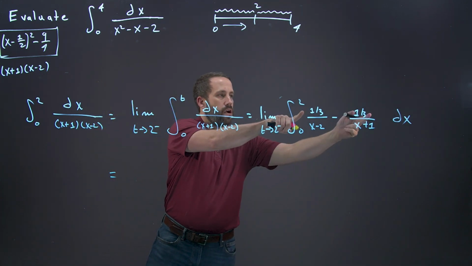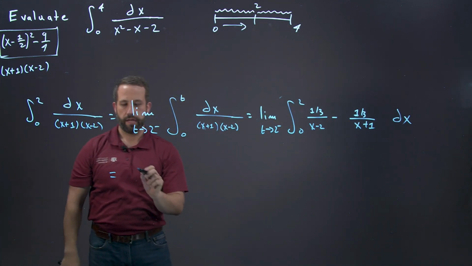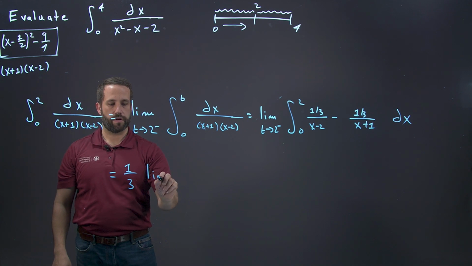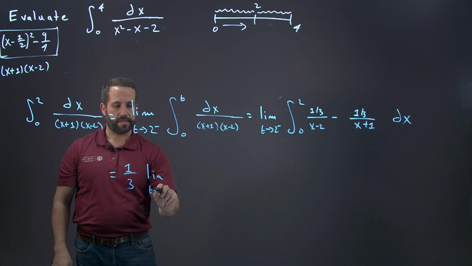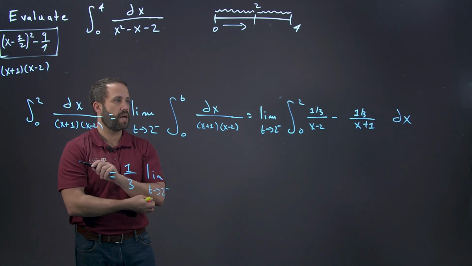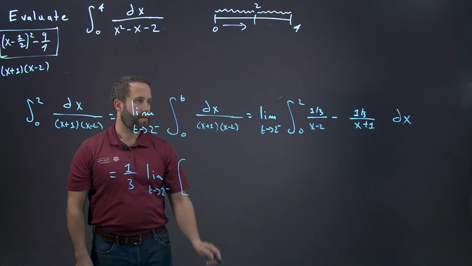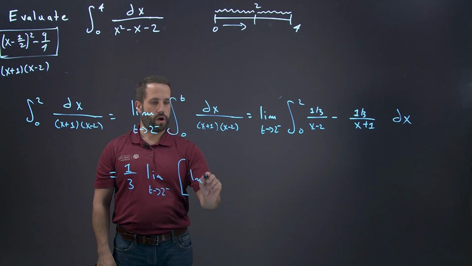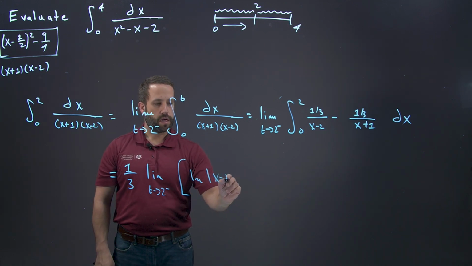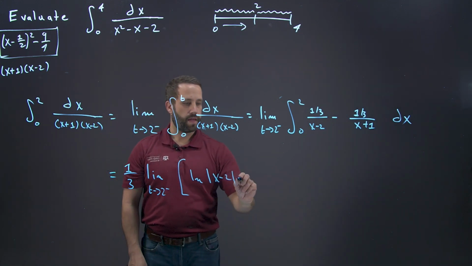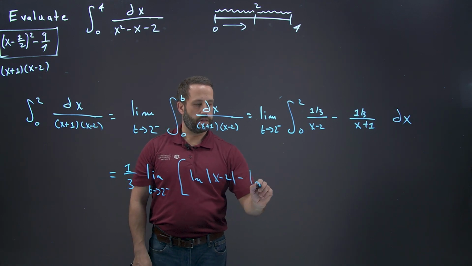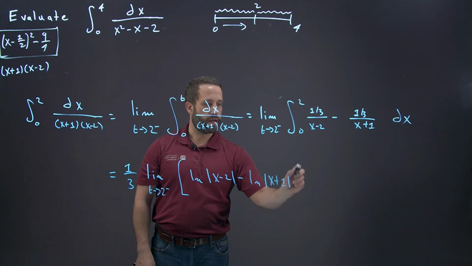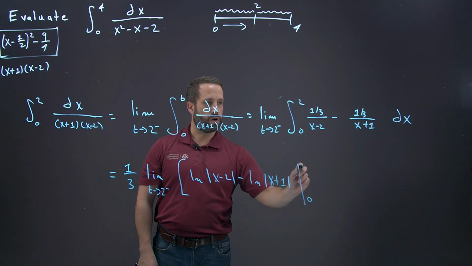I'm going to pull both of those 1/3s to the outside of the limit. So this is 1/3 times the limit as t goes to 2 from the negative side. The antiderivative of 1 over x minus 2 is the natural log of the absolute value of x minus 2, and then minus the natural log of the absolute value of x plus 1, evaluating this from 0 to t.